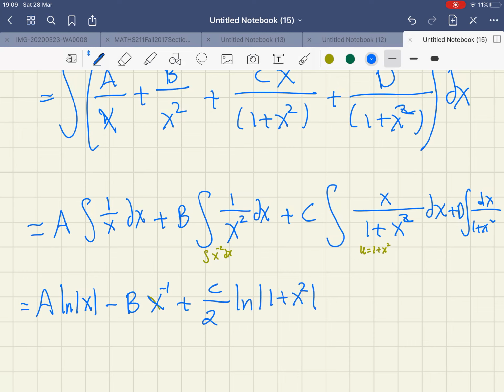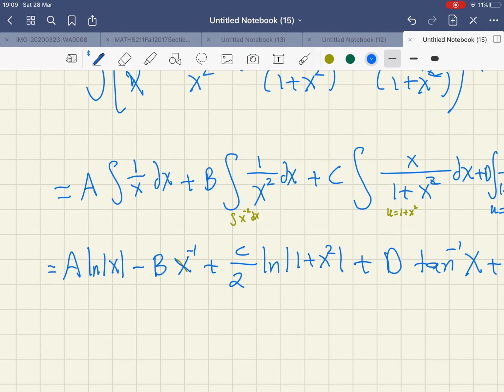You can check it at home that this is the correct way of doing this question. The final one is just use u equal tan theta, and this is just the normal tan inverse of x plus a constant which we don't know and we don't care, c prime.